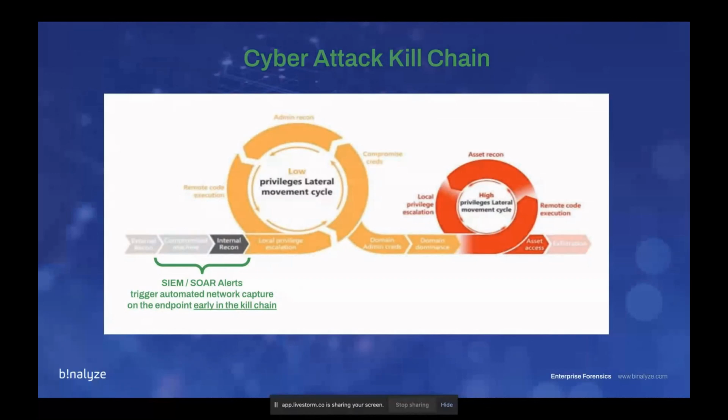If you integrate AIR, you can easily trigger the automated network capture on the endpoint. And as you see, this is the cyber attack kill chain. This way, by integrating it with the already existing products, you can start this acquisition early in the kill chain. That provides you even more visibility combined with the acquisition reports.